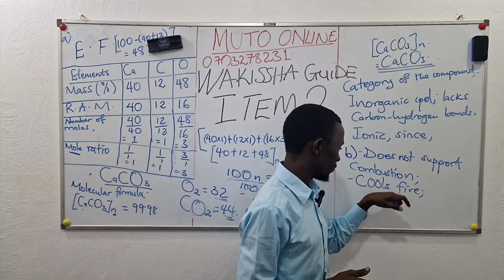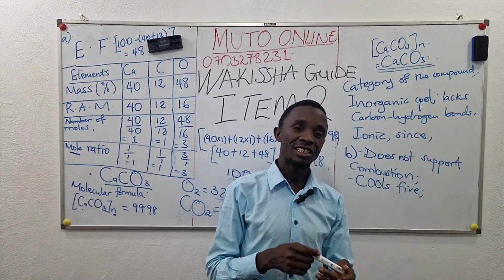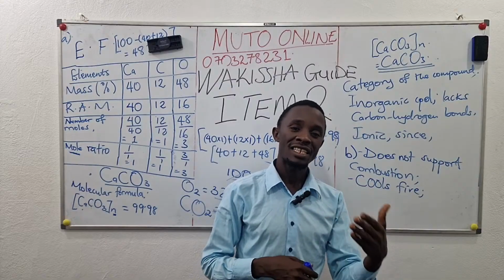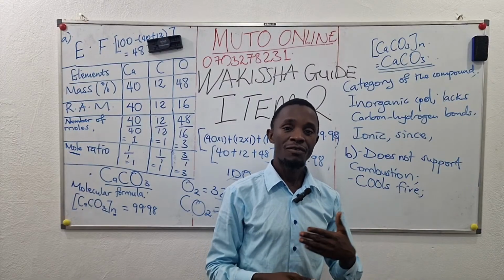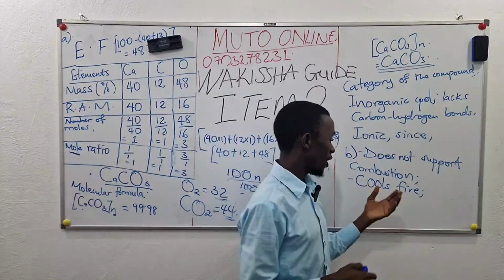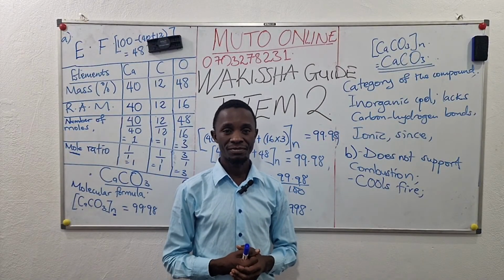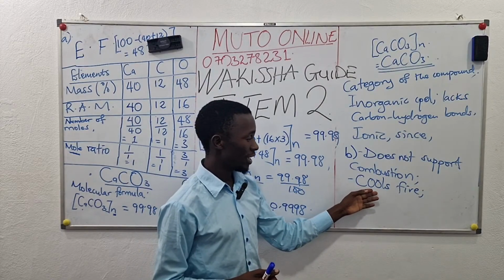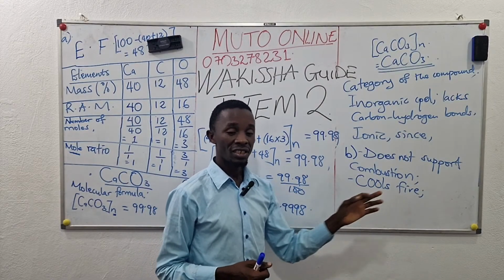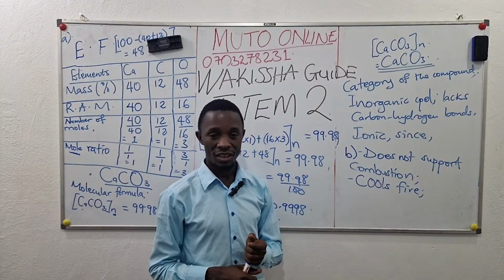And as the temperature of the fire reduces, it also slows down the burning rate. It slows down combustion of anything that is burning. But this is as a result of carbon dioxide being good at cooling the fire.